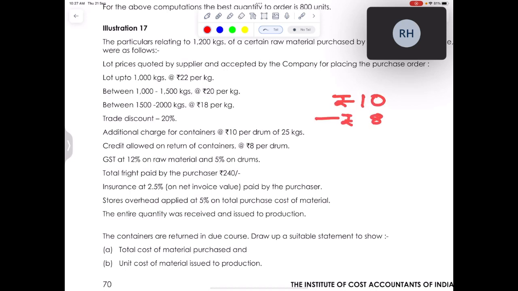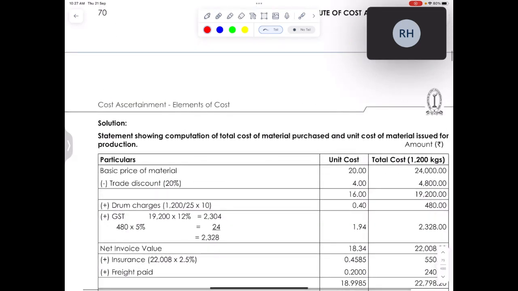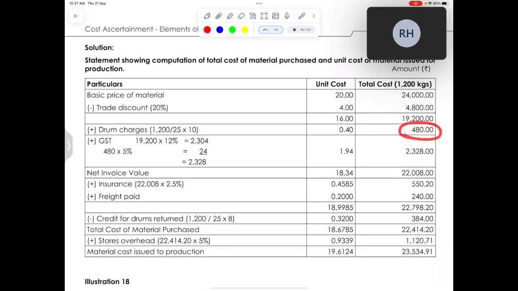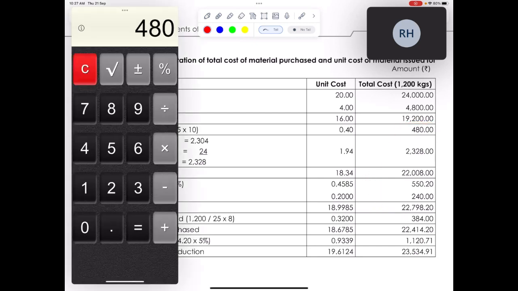So what will be your cost related to the container? The amount that is non-refundable. And what is the amount that is non-refundable? 2 rupee. So 48 drums multiplied by 2, so it will be 96 drum charges. Or they would already have come in our total, and later they gave the credit. So you can also do net 480 minus 384. 480 minus 384 is 96 rupee.